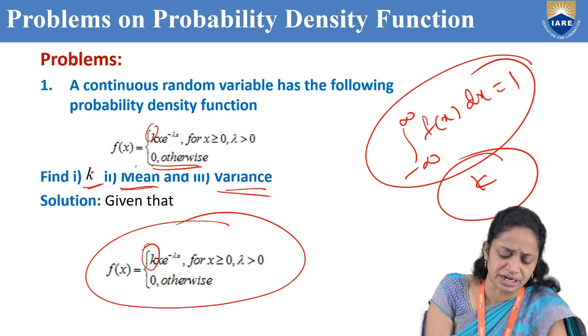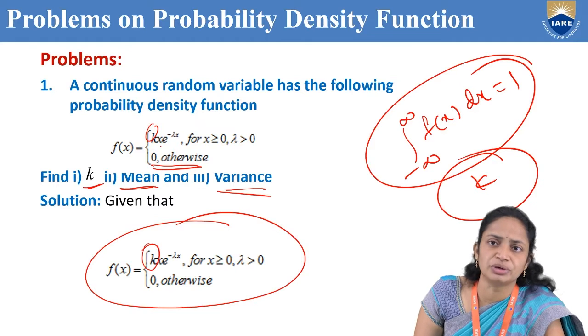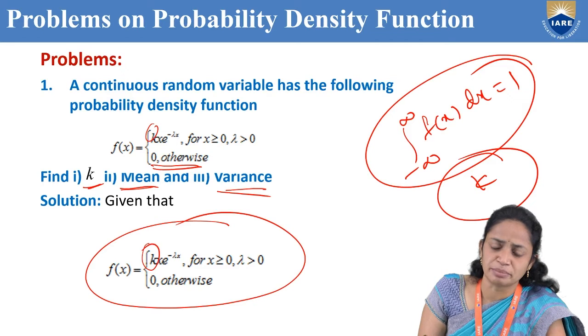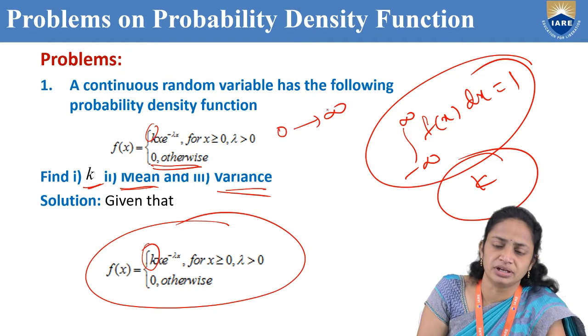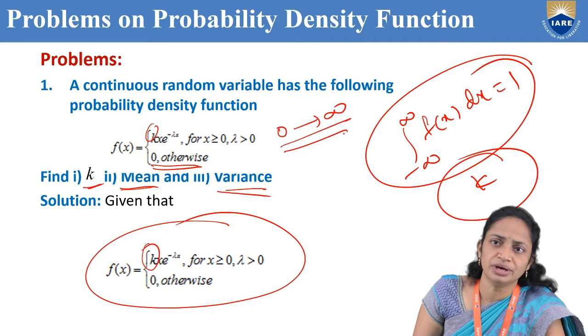Here we have the function f of x equals k into x e power minus lambda x for x greater than or equal to 0, so the limits are 0 to infinity.